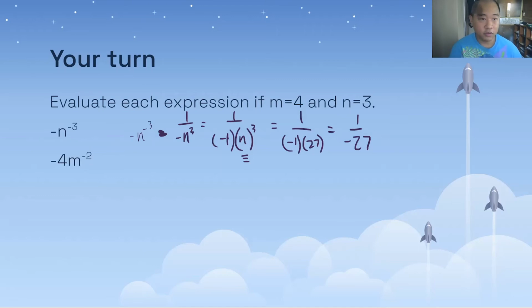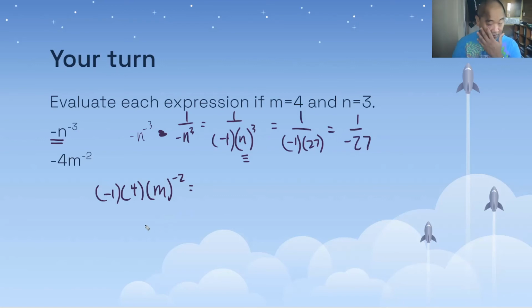So when you have a negative in front of a variable, you can think about that as a negative 1 times that variable. And because you're doing multiplication, that comes after exponent in the order of operation. So we'll do the same thing here. This is basically negative 1 times 4 times m to the negative 2, right?